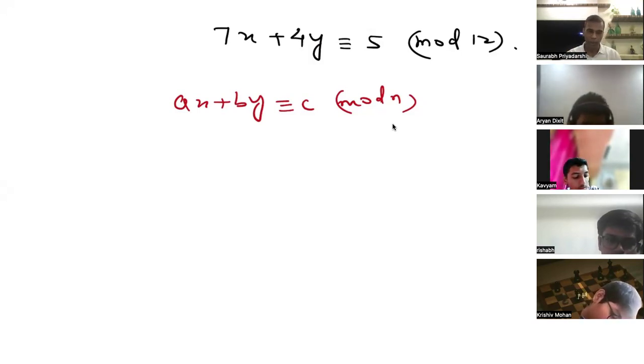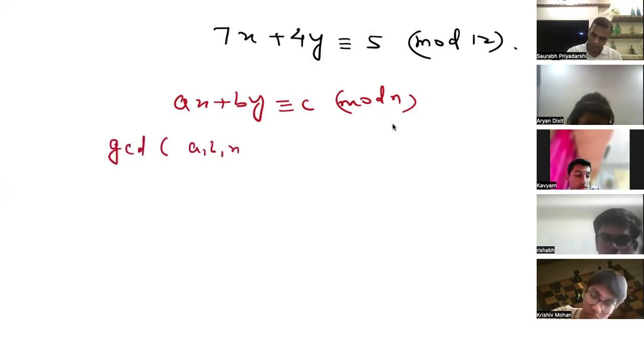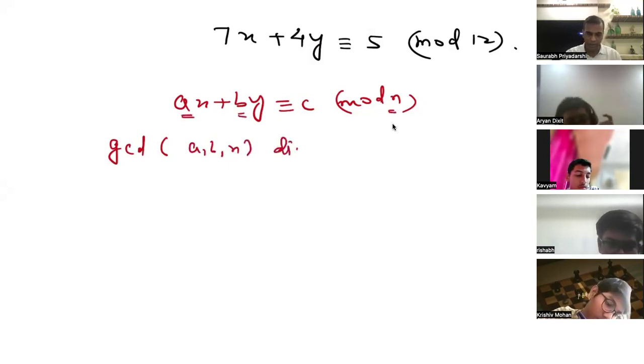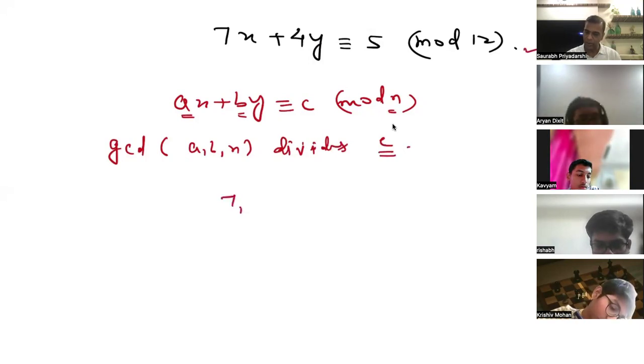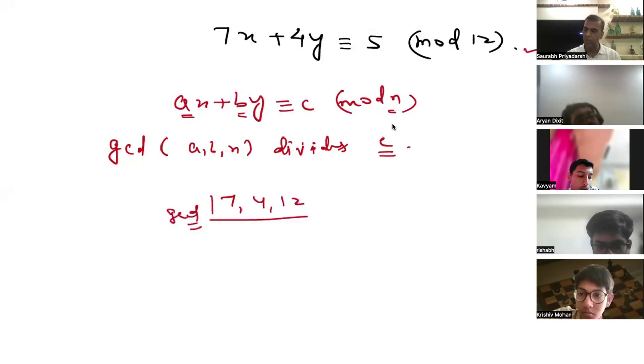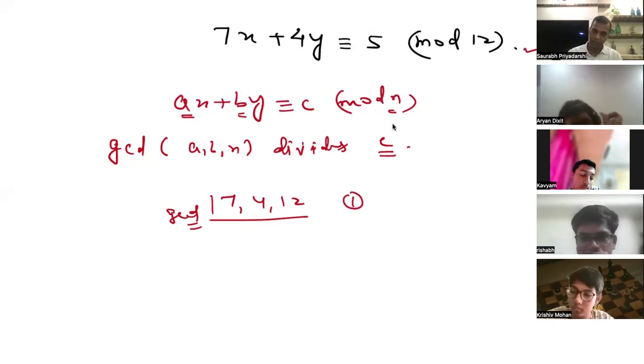And it is given that the GCD of A, B, and N divides C. So in this case, the GCD of 7, 4, and 12 will be 1, and 1 divides 5, right?